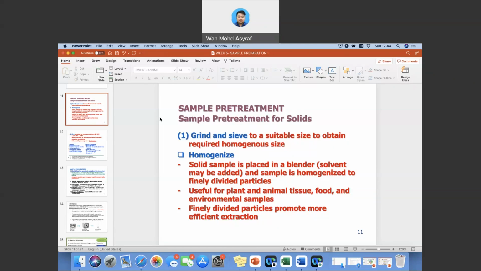These finely divided particles promote more efficient extraction. Why? Because finely divided particles have much more surface area, so the extraction solvent would be able to extract a much higher yield as compared to a bigger blob of your sample.